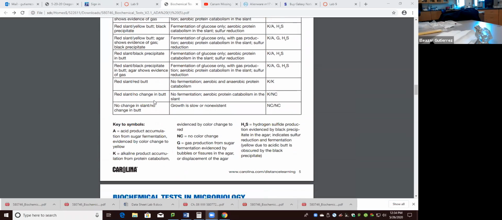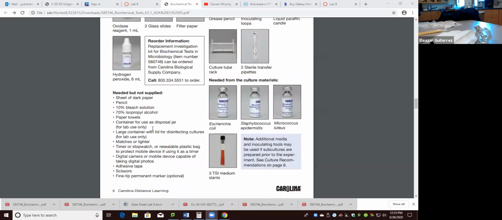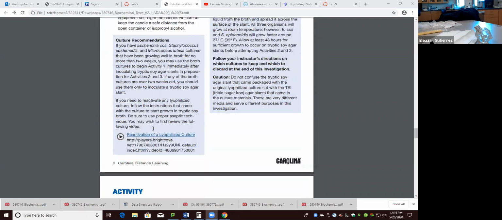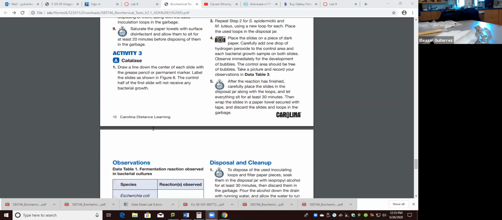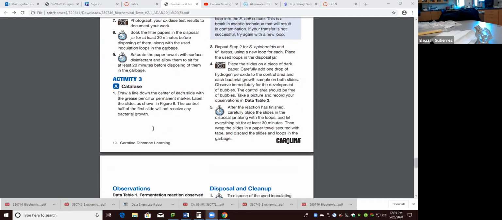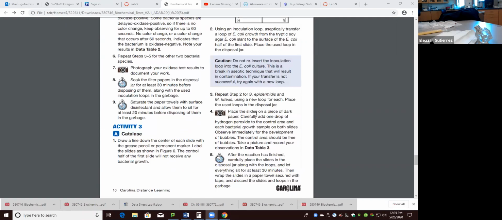In the second part, in oxidase, we tried to assess the presence or absence of cytochromes and the electron transport chain of the organism. And in the last one, which is catalase, what we're doing is we're trying to assess the presence or absence of an enzyme.